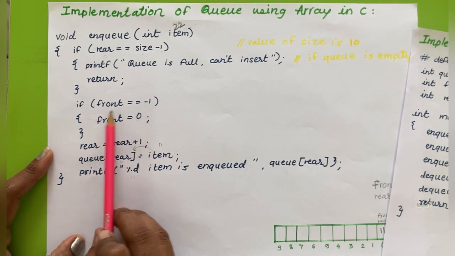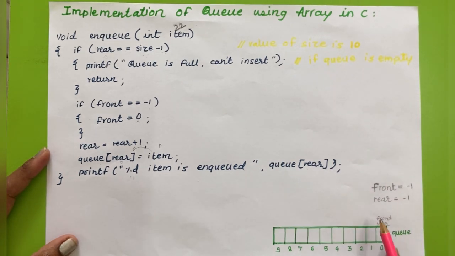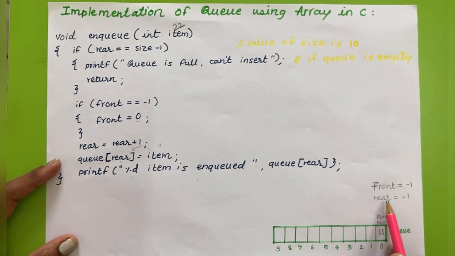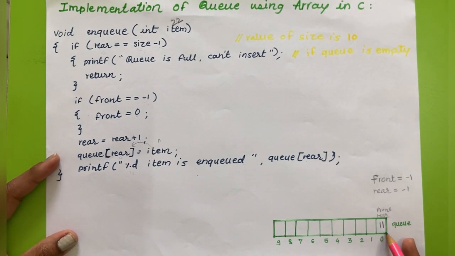This condition is also not possible, because from here onwards we have to change just the value of rear. Front will remain the same, that is it will remain the first element only, because from the front end we have to delete elements, and the element 11 is inserted first.